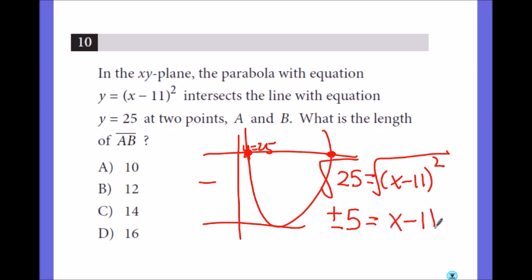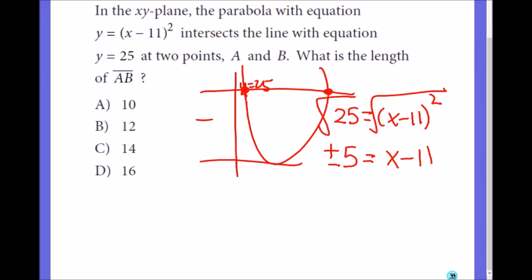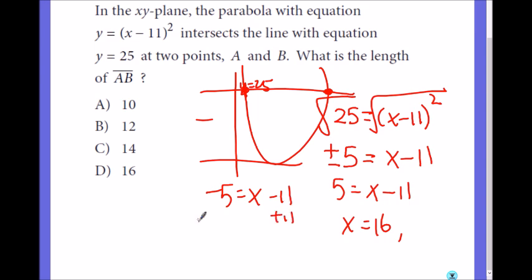When it becomes positive 5, x is 16. And when it becomes negative 5, x is negative 6, right? Plus 11. So you get x equals 6.